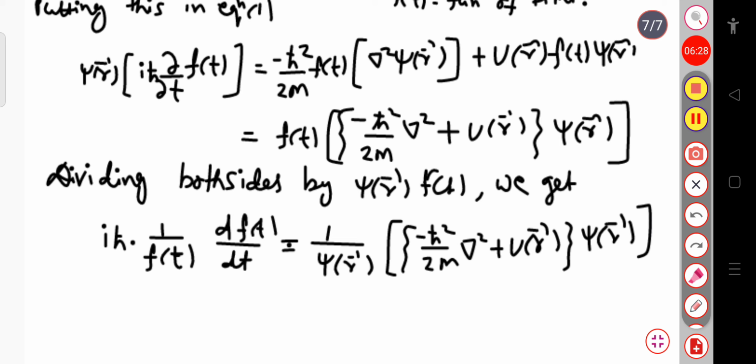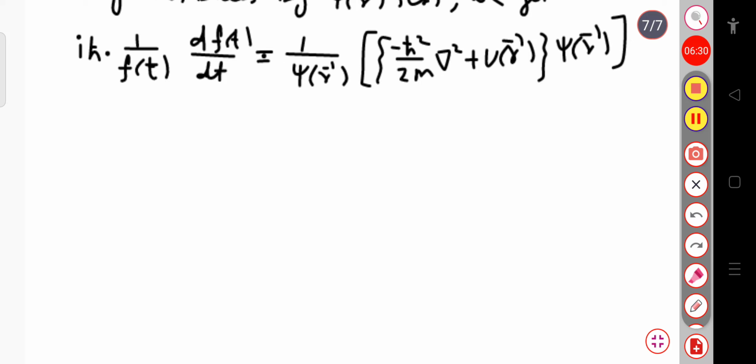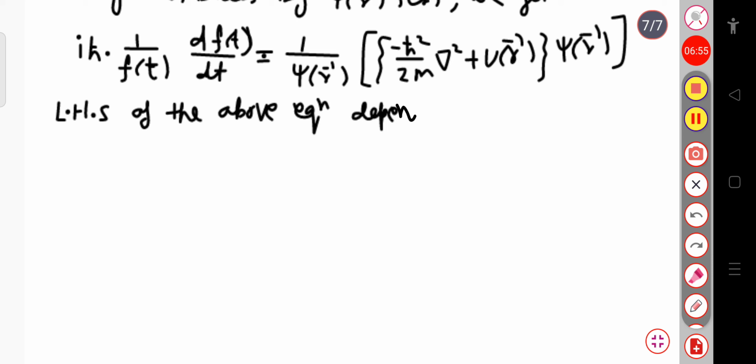So in this expression you can see the left hand side term will depend only on the time coordinate, and the right hand side term will only depend on the space coordinate. So let me write, the left hand side of the above equation depends on time and is independent of r.